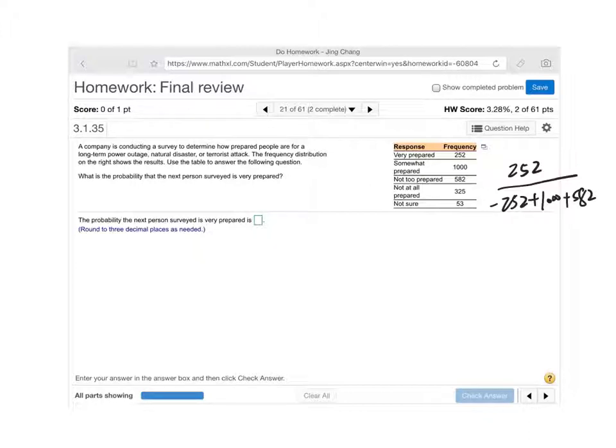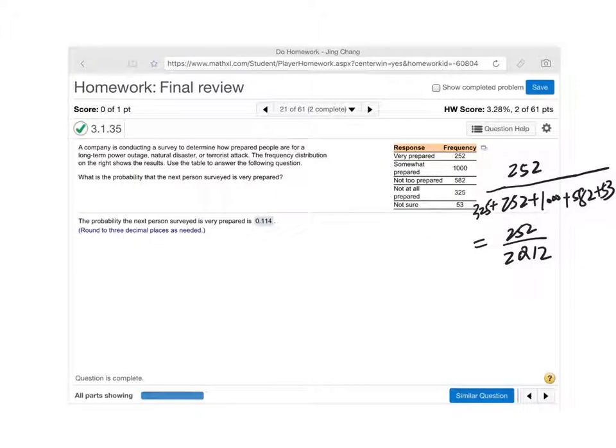Okay, I don't have enough space, so I'll write here. So this probability is just like a relative frequency. You use the number very prepared, divide by total. If you use your calculator, the denominator is 2212 if you add all together, and then the probability should be 0.114. So that's the answer for this problem.